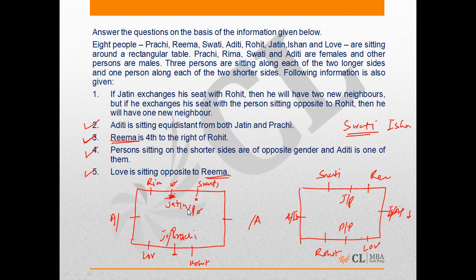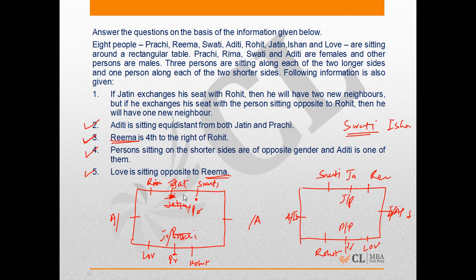Otherwise, after exchanging seats with him, he'll have only one new neighbor. So it becomes clear Jatin is sitting between Rima and Swati, and Prachi is sitting between Love and Rohit. So this is the final arrangement.